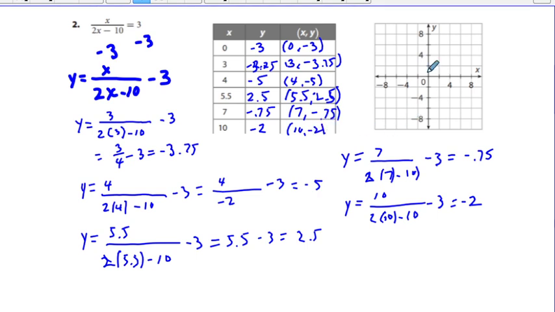And so we go through here and put in just our points here, 0, -3. We'll put in 3, -3.75. There's 3, -3.75. We put in 4, we get -5.